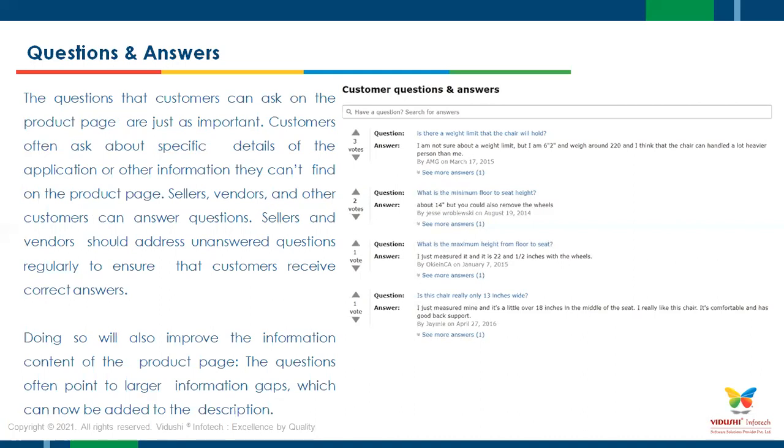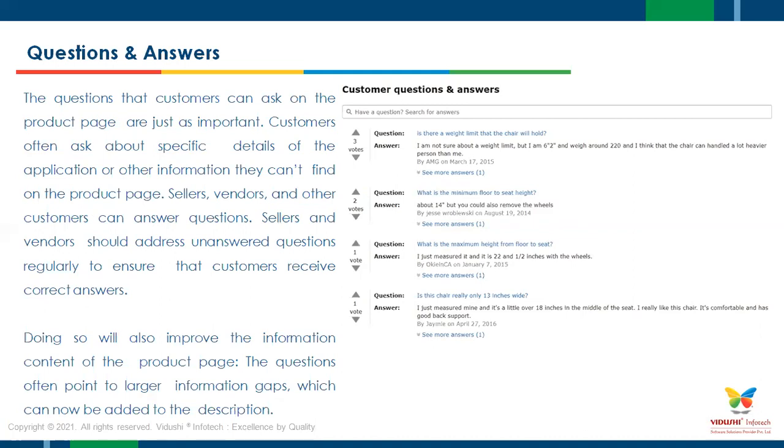Sometimes, because of the limited space on the page, the seller can't place all the details or the utilities of that particular product. In such cases, customers can ask questions in this question and answer section.